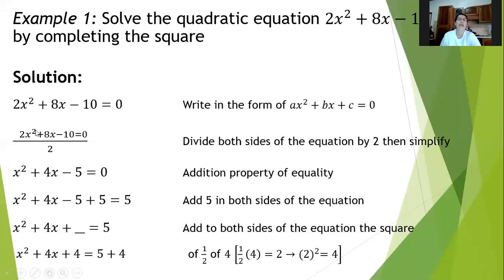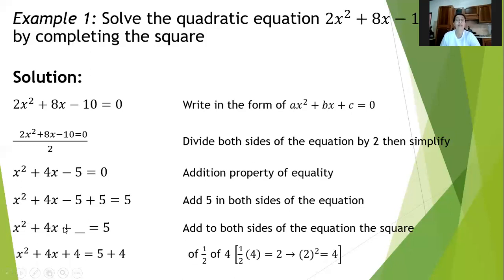Now 2x squared divided by 2 is x squared, plus 8x divided by 2 is 4x, negative 10 divided by 2 is negative 5, is equal to 0. What is next? Using the addition property of equality, add 5 to both sides of the equation. It becomes x squared plus 4x minus 5 plus 5 is equal to 5. Then, it becomes x squared plus 4x is equal to 5.